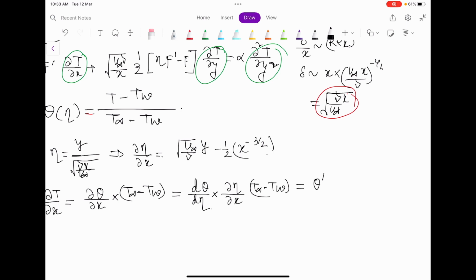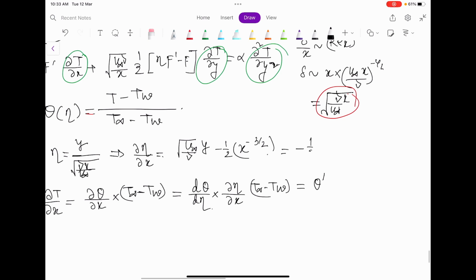That becomes minus half into y u infinity by nu, and x to the power half and 1 by x would be here. So you can recognize this as eta.